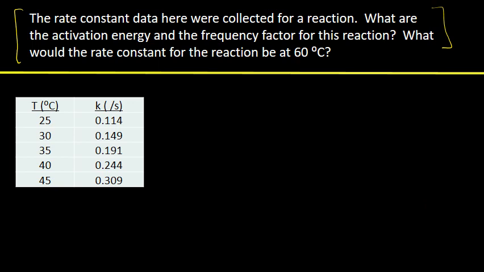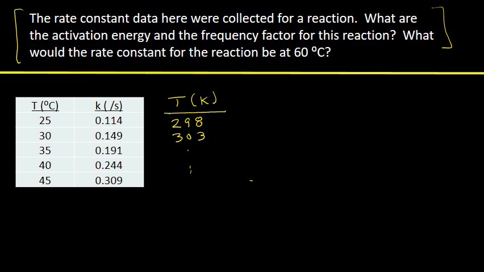We'll make a column here for temperature in Kelvin, and the first one, 25, of course, to get to Kelvin, add 273, so this would be 298 Kelvin, and the next one would be 303 Kelvin, so on and so forth.